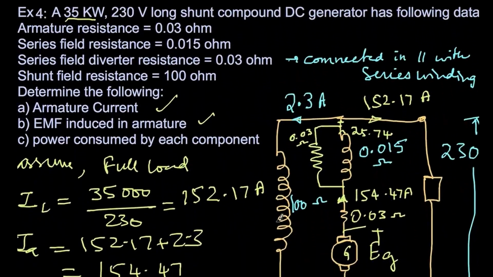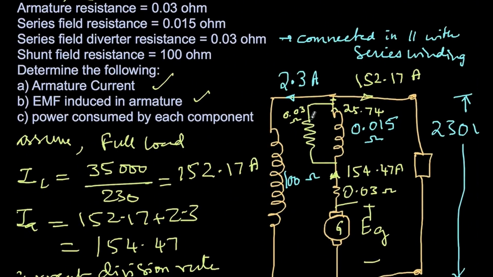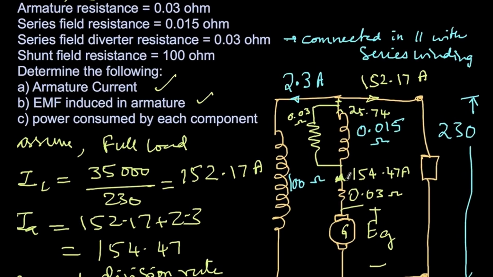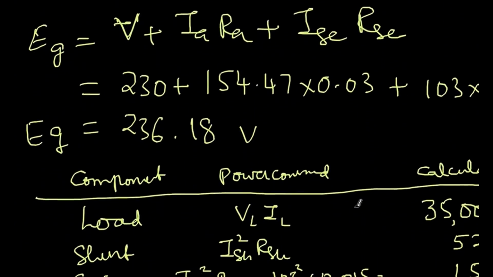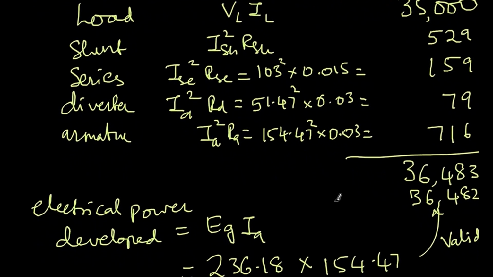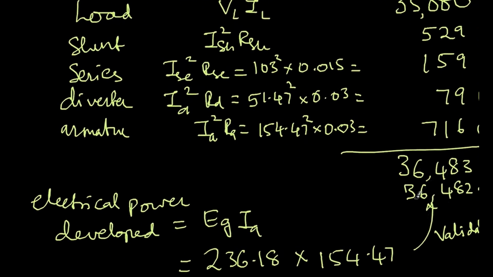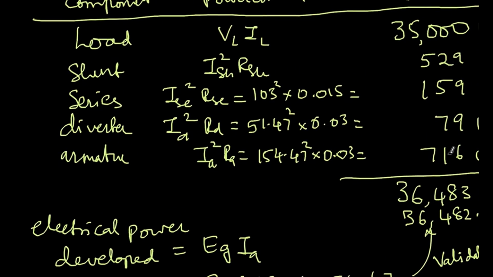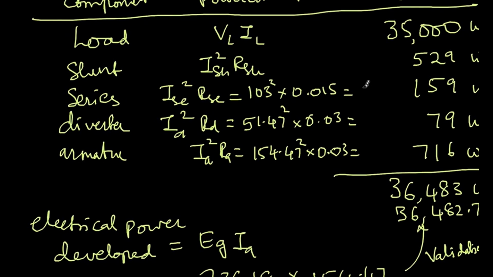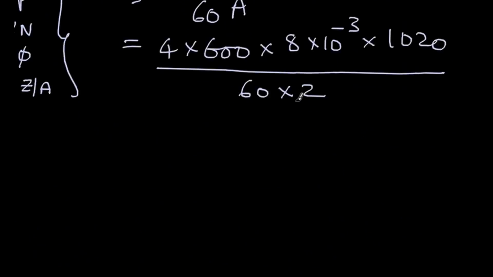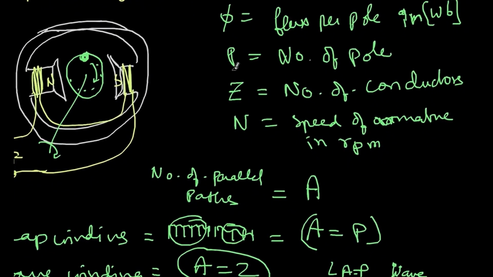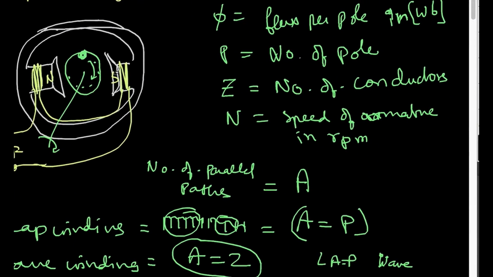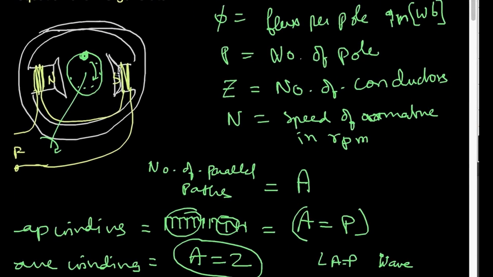And in this problem, what is interesting is the diverter, how the diverter is placed to divert some of the current, and then the concept of electrical power developed, EG into IA, and the various losses and various outputs we are trying to see in this problem. And finally, coming to the EMF equation. This is a brief explanation of how the DC generator works and generates EMF.